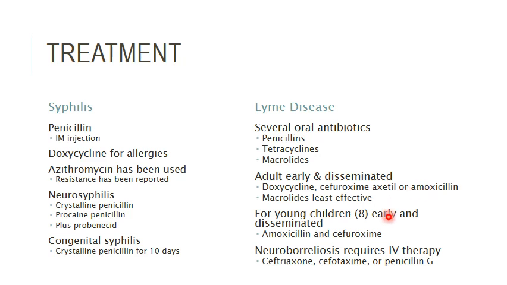For young children, if it's early or disseminated, instead of doxy, because it's a little bit harsh on their baby livers, they give them amoxicillin or cefuroxime, okay? And that will depend on the severity of the outbreak, whether they'll go 6 or 8 weeks.